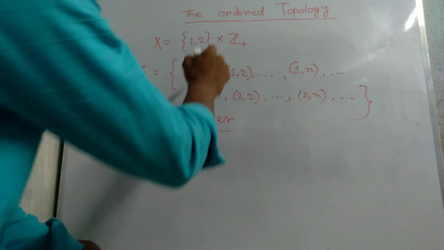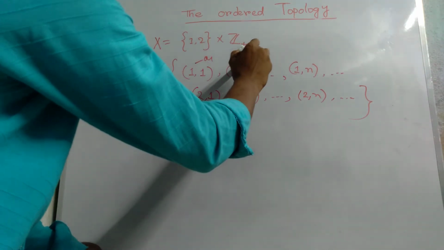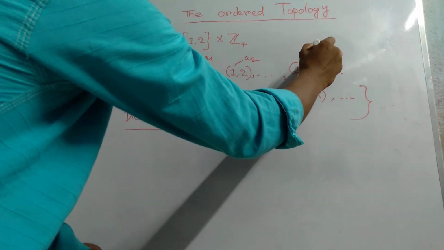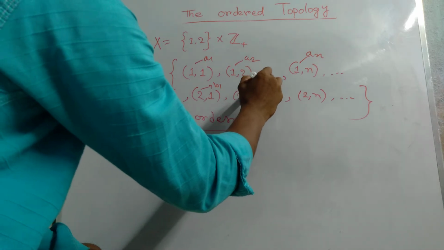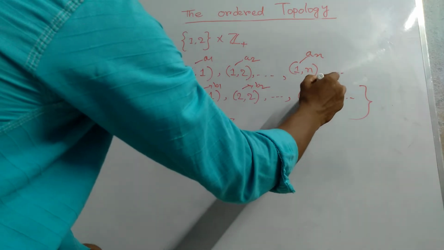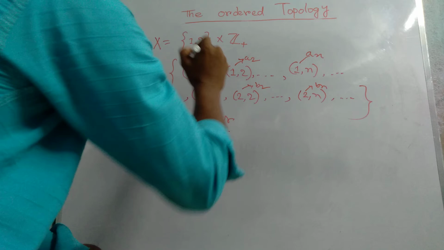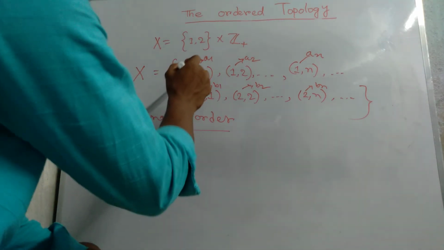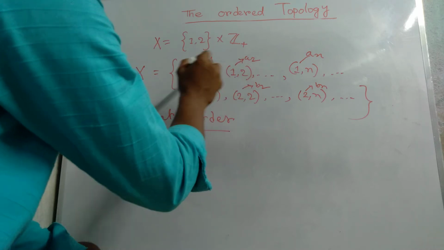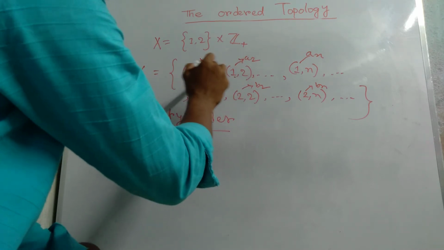In this way, we denote these elements A1, A2, ..., An, and these elements B1, B2, ..., Bn. Then in dictionary order, we know that if the first coordinate is 1 equal to 1, then 1 less than 2.